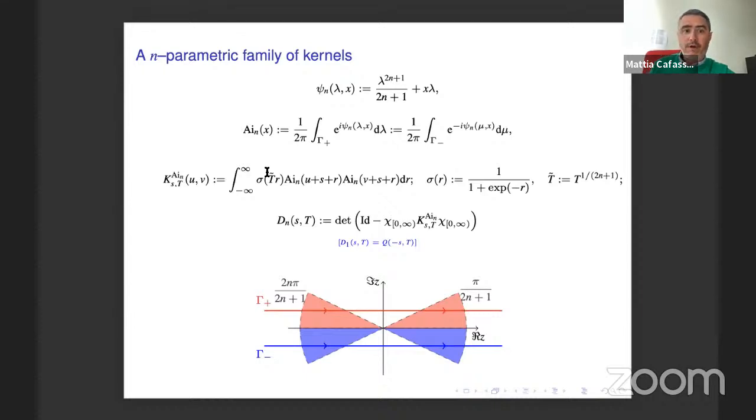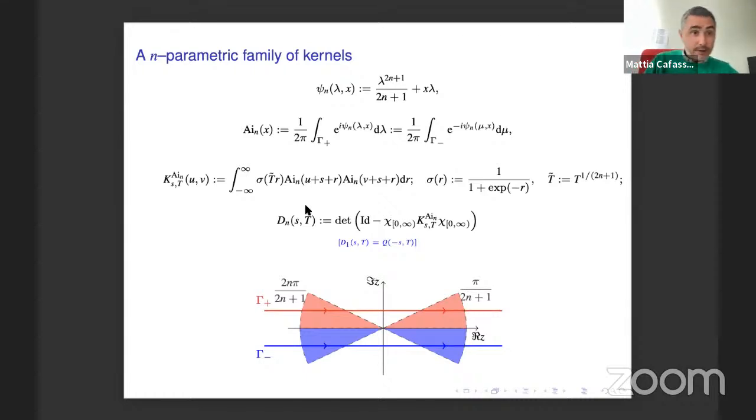It's simply that before we were doing this integral using two Airy functions, and now we do an integral using this higher order Airy function here. Sigma is the same as before, the Fermi factor, and this t tilde is simply t to the power 1 over 2n plus 1.